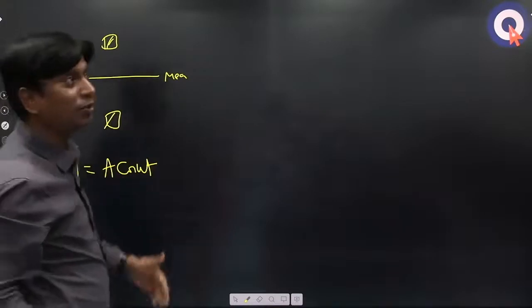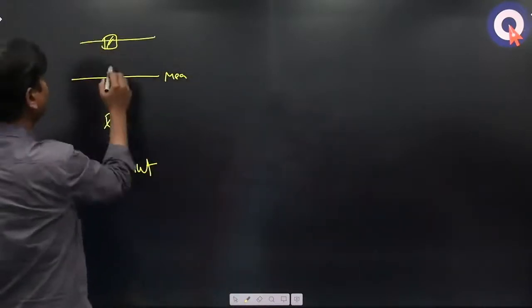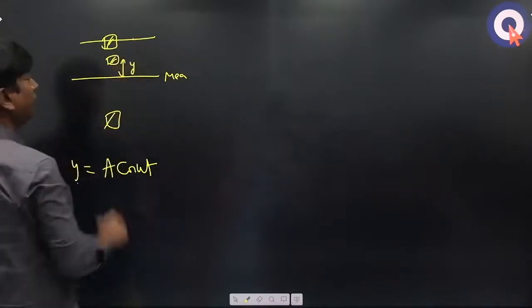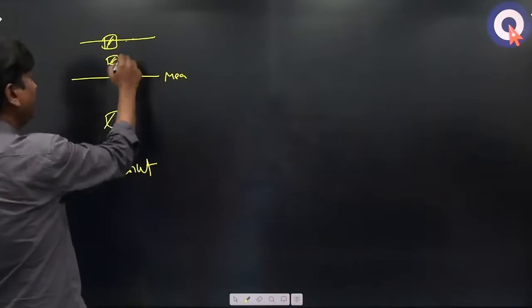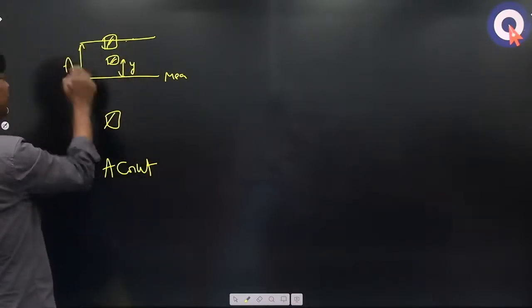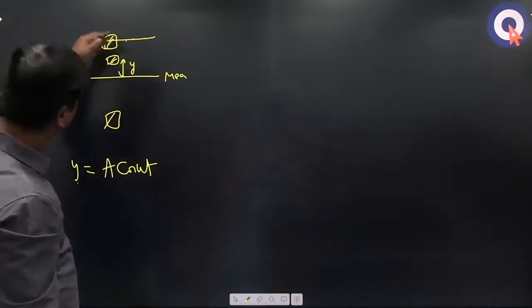But if you want to write from the extreme position, let us say the particle is here, this is y. From here I want to measure the distance. Because this is the extreme position, this will be A. So what is the distance of this mass from the extreme position?